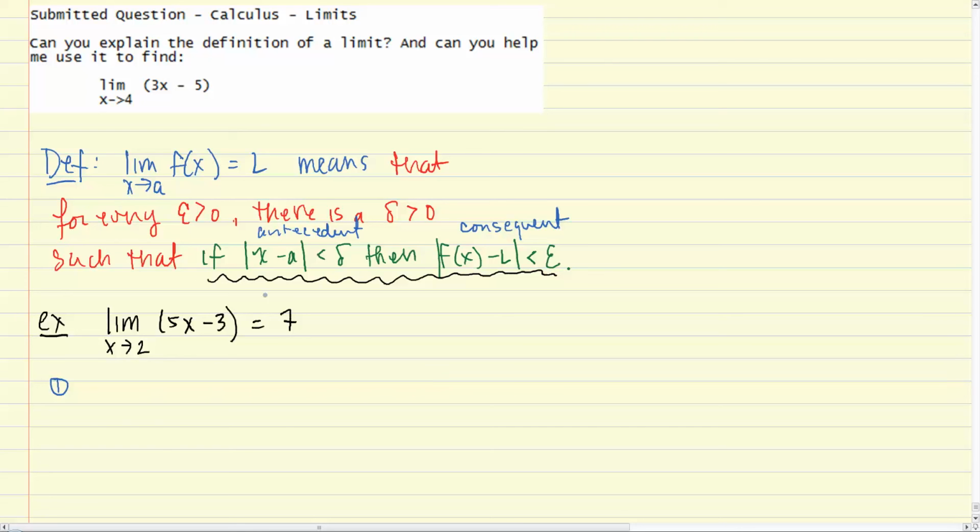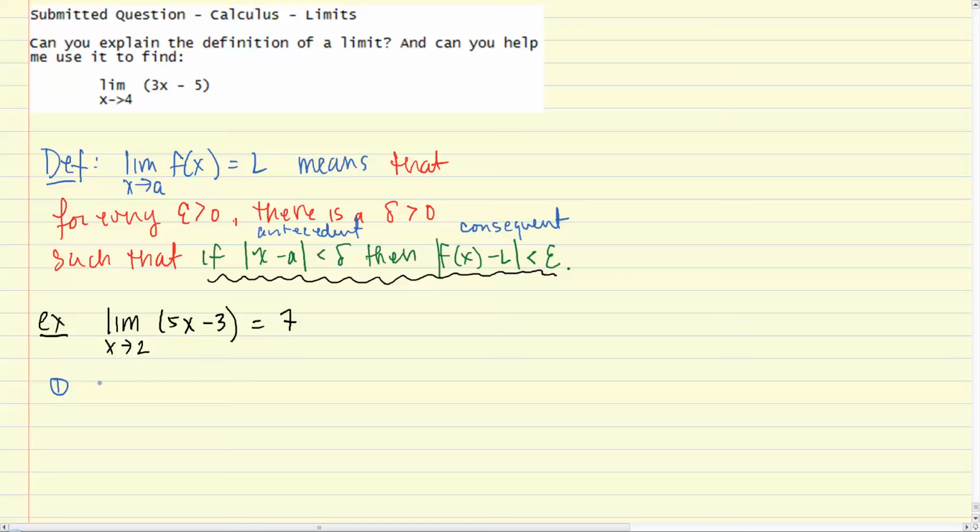That is this conditional statement, with the a's, the f of x's, and the L's transposed into the proper place so that it applies to this problem.